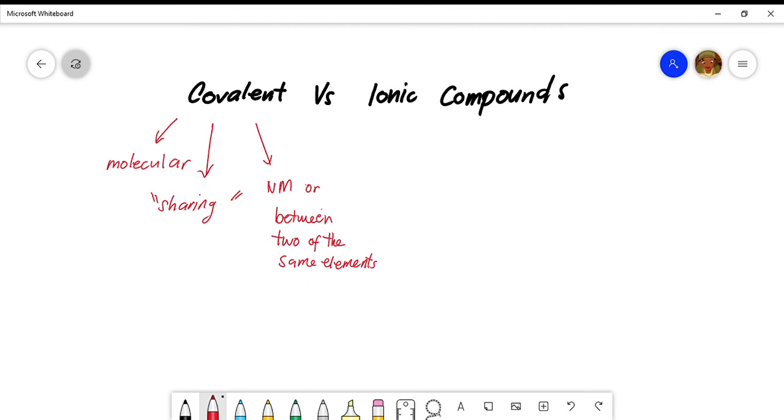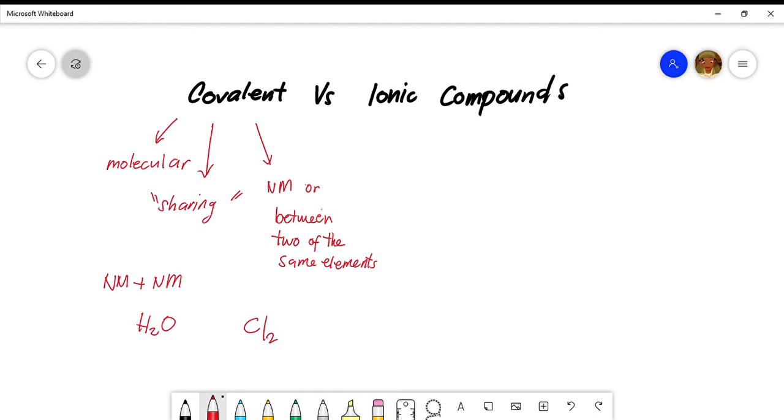So when we're talking about covalent compounds, we have nonmetal plus nonmetal. A common example would be water, or H2O. And it's also formed between two of the same elements. So we have, let's say, chlorine gas. It's the same, it's a pure element compound.